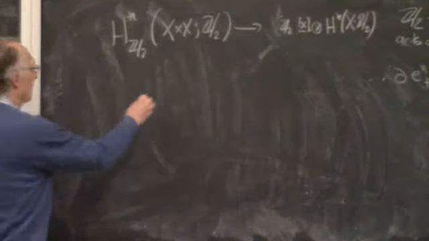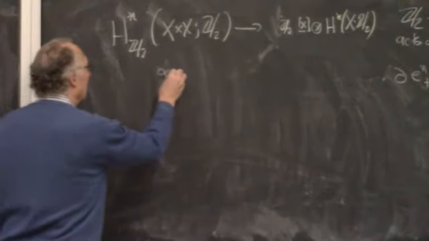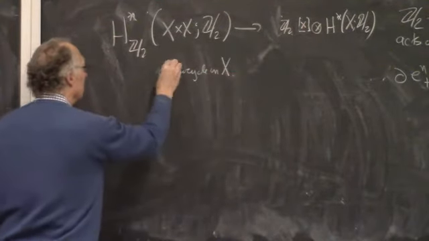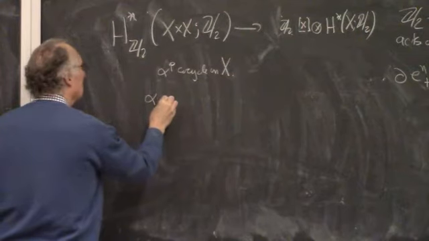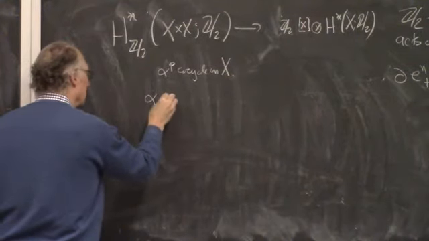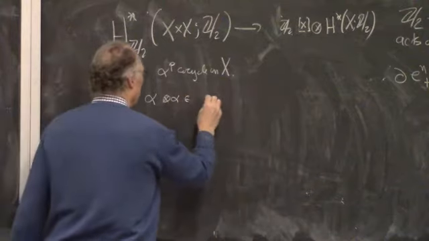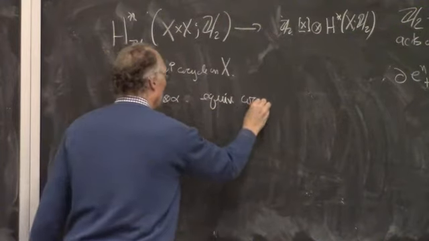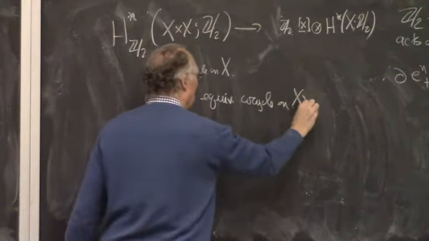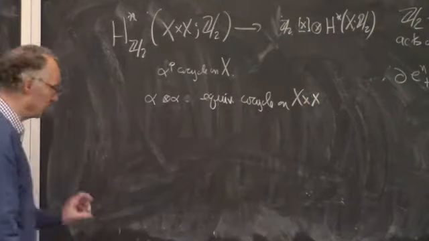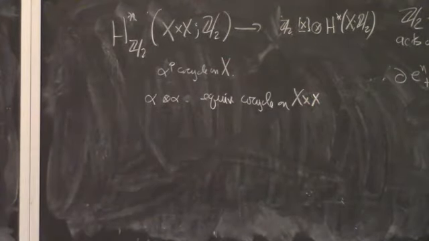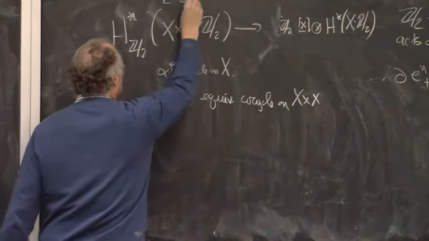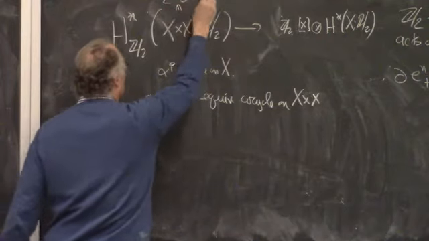Okay, so now we can take our alpha cocycle and act. I can take alpha tensor alpha. This is an equivariant cocycle on X cross X, equivariant with respect to the involution, the flip of factors. So it determines a cohomology class in equivariant cohomology of degree 2p.